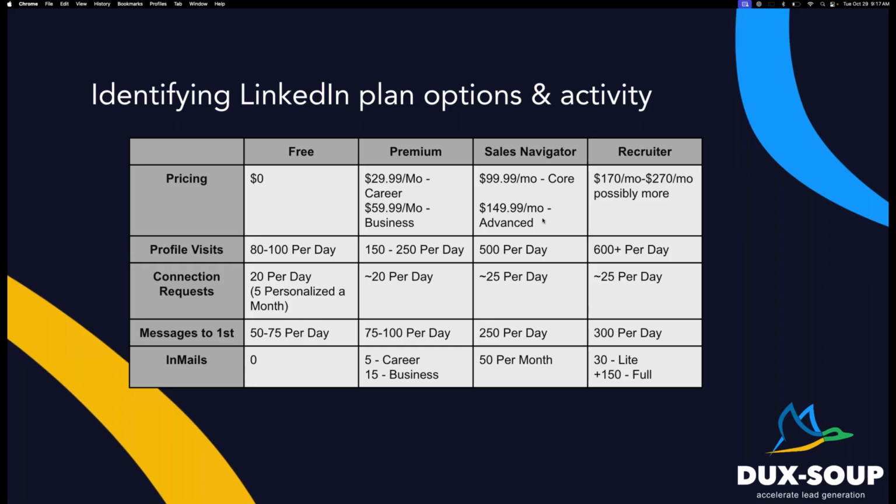It should take you to the right place. And so these are all averages. Unfortunately, other than what you can find on LinkedIn's website, they're not going to tell you exactly how many messages to your first degree you can send per day. They're also not going to tell you how many connection requests you can send per day, which is why I have an average number across the board for each of these.